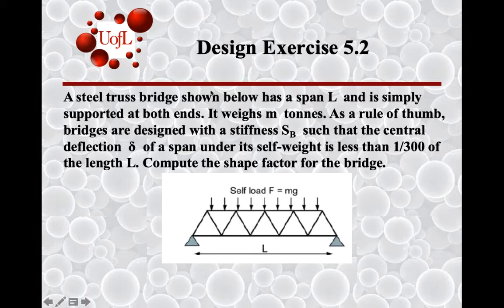So now, given this information, we have to compute the shape factor of the bridge. And we know we can compute the shape factor if we know all these terms on the right hand side, right? Steel, let's say, rho and E is known. We can know C1 for this type of a situation.